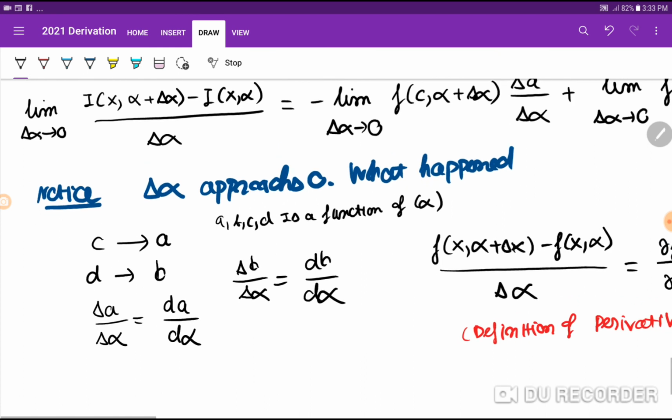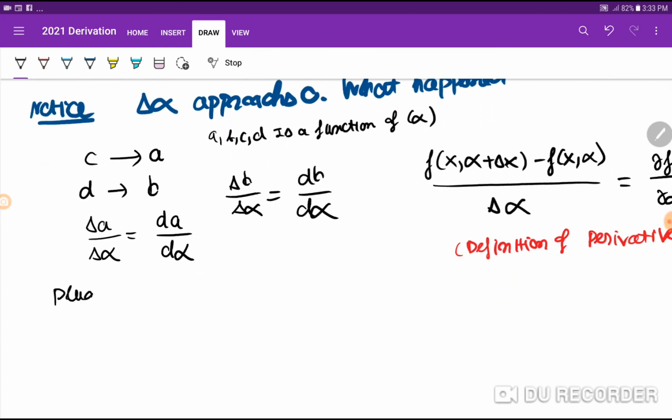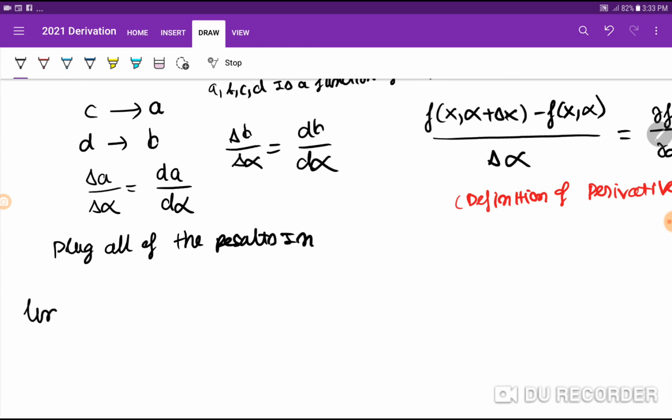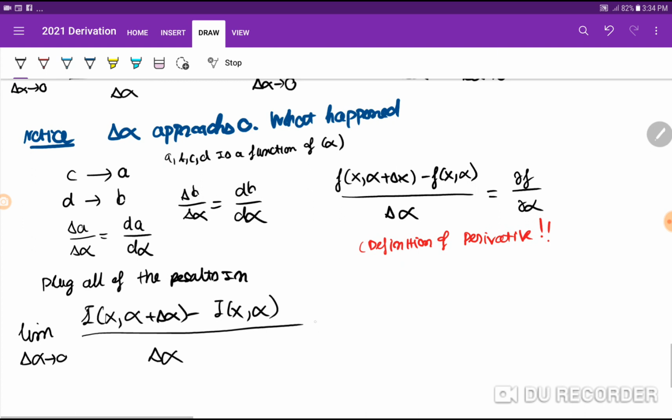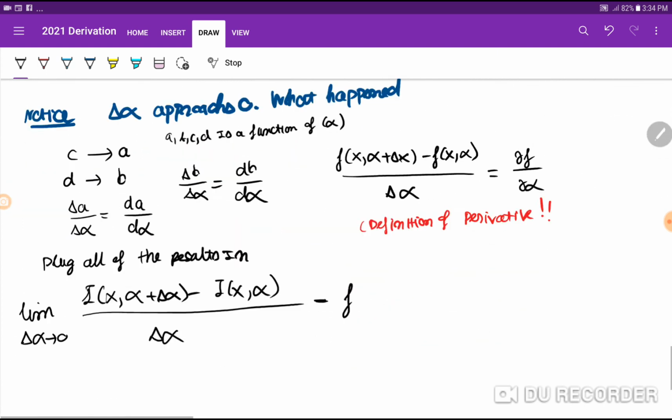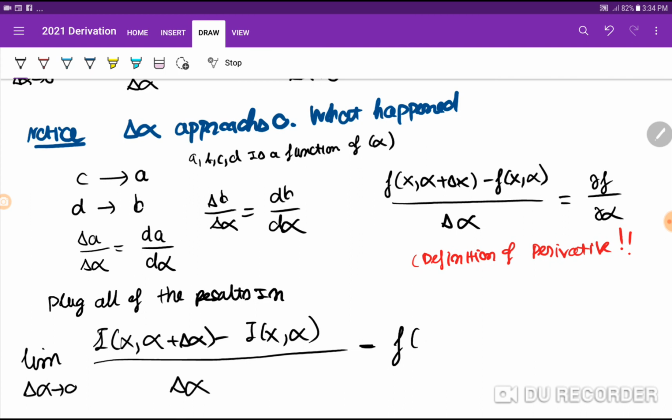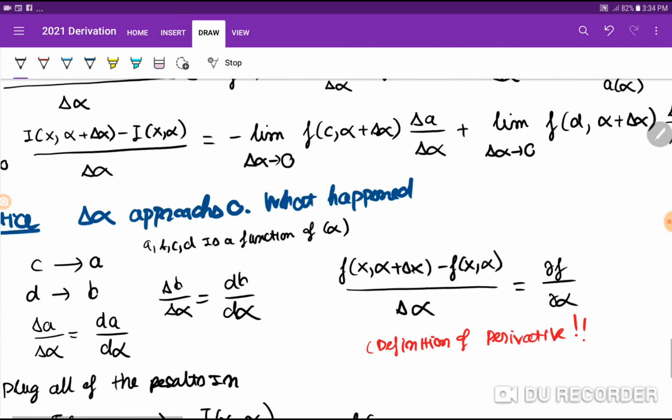So plugging the results in, we have the limit as delta alpha goes to 0 of I(alpha plus delta alpha) minus I(alpha) over delta alpha, which would be equal to negative f of C, which becomes A, at alpha plus delta alpha.